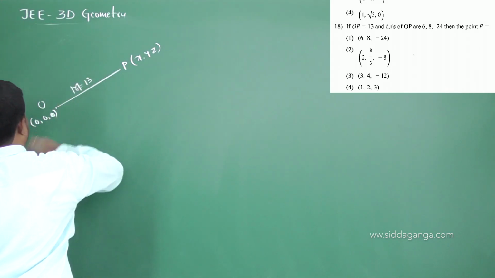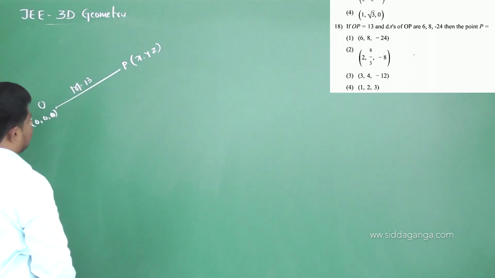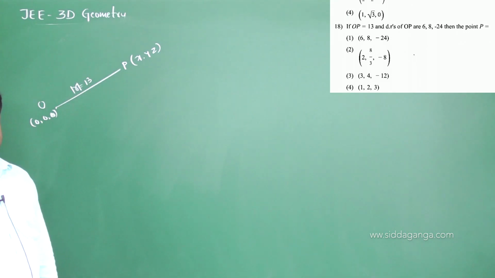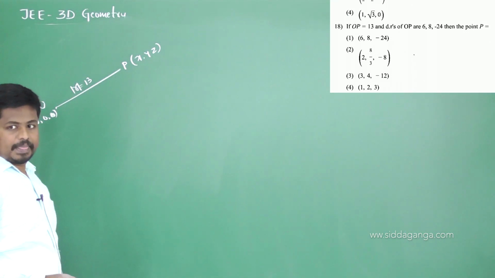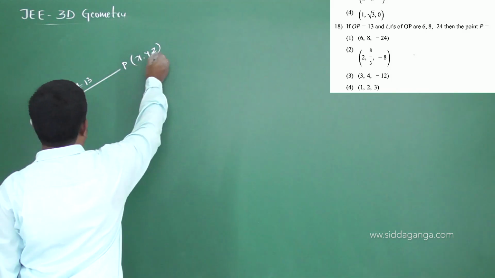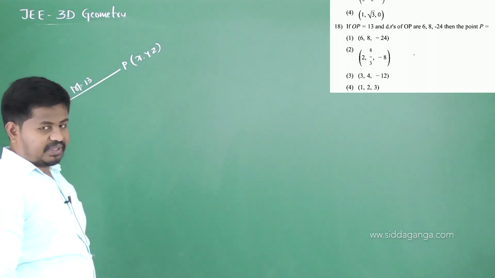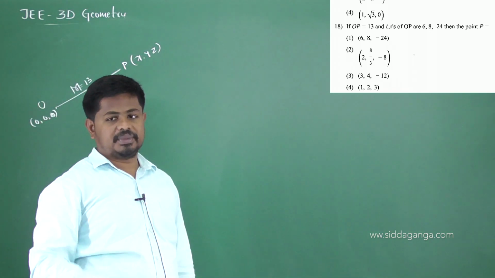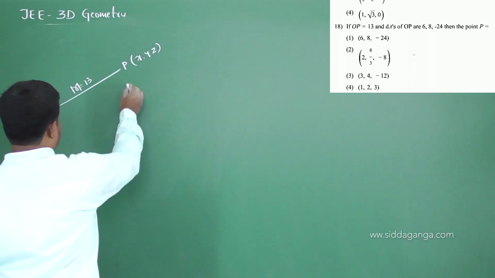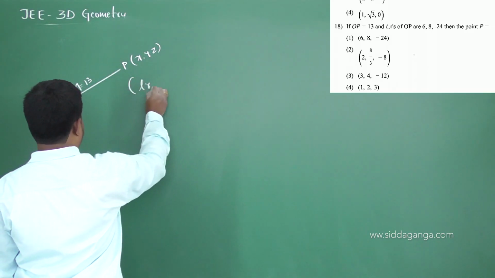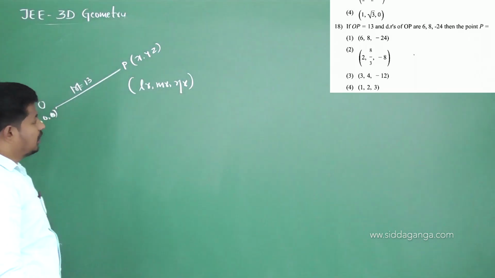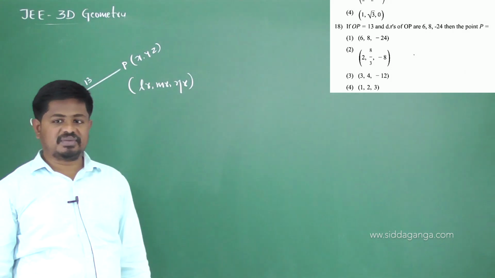Yes, 13. That means the distance between these two is given as 13 units. Then what about P? Okay. Since ratios have been given, P will have the coordinates lr, mr and nr, right? What are l, m, n? l, m, n are the direction cosines of the line.